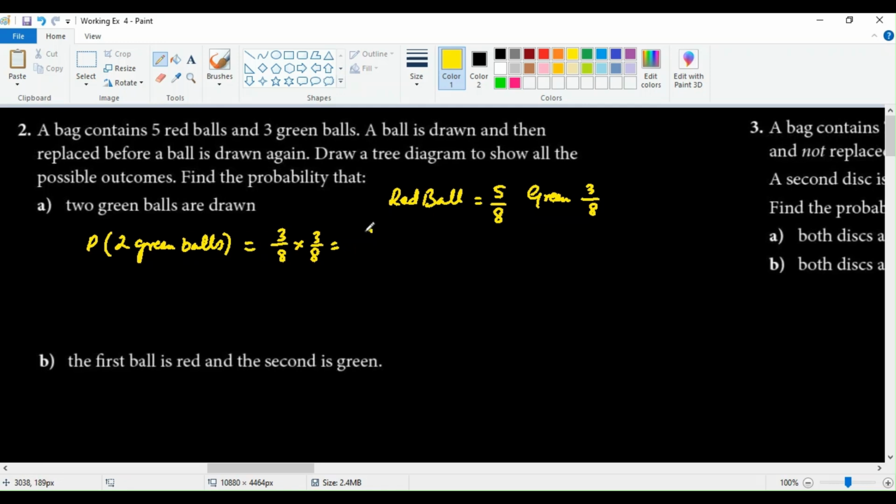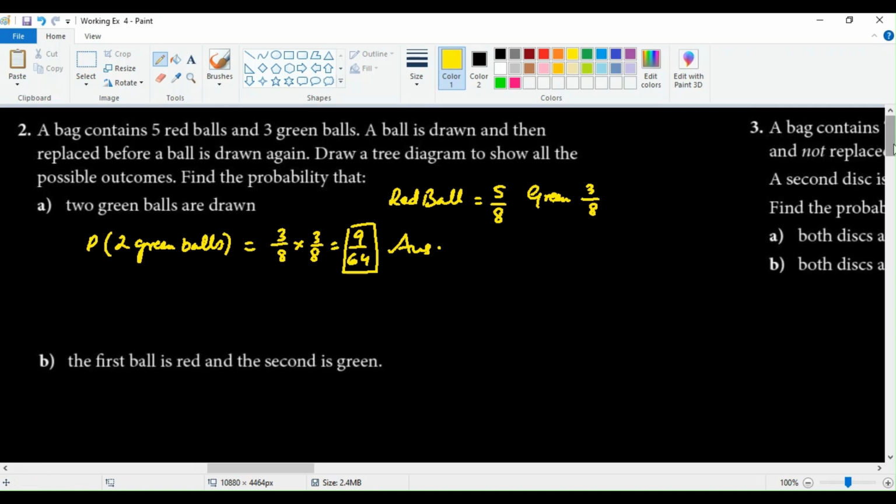It's going to be 9 over 64, my bad. This is the answer for the first part of the question.